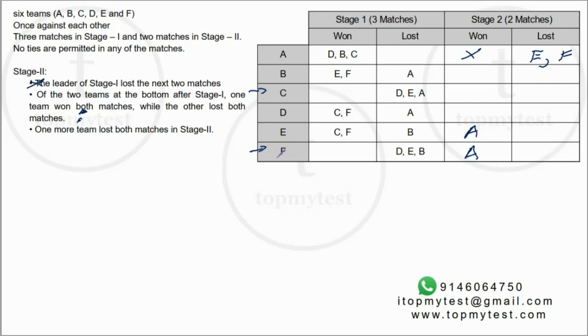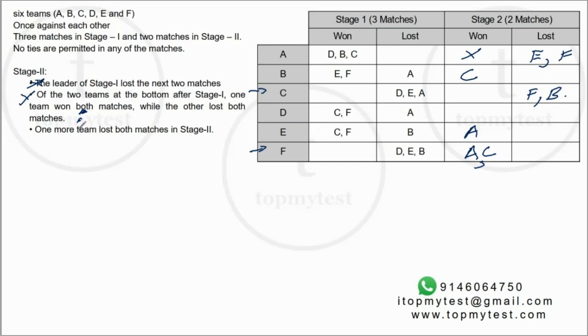So now only one can be F, because F won 1 match against A. So F's 3rd match, the last match, will also be a win. Who does he have to play? A, B, C, right? So C lost to F. Okay, what is C's last match? A, B. B will be the last match. So B beat C. That we know for sure.